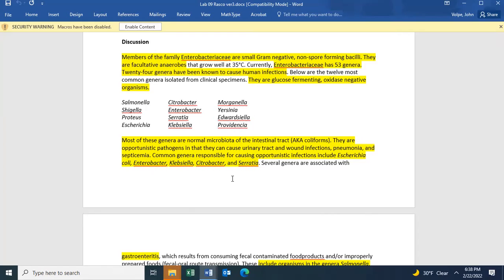They are all opportunistic pathogens in that they can cause other infections, or they can grow outside of the intestines, such as the urinary tract, wound infections, pneumonia, septicemia. Some common genera that cause opportunistic infections include Escherichia, such as E. coli, Enterobacter, Klebsiella, Citrobacter, and Serratia.